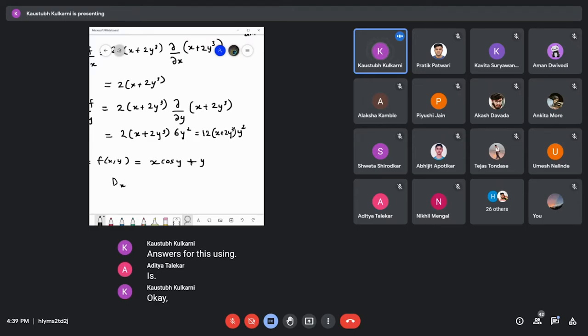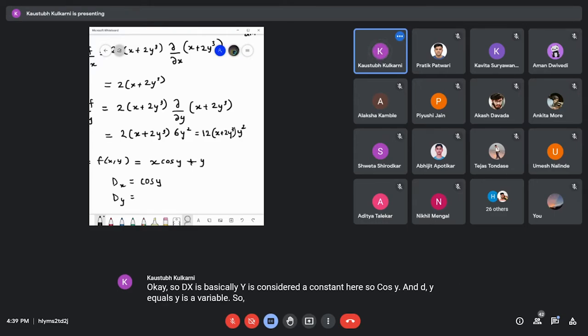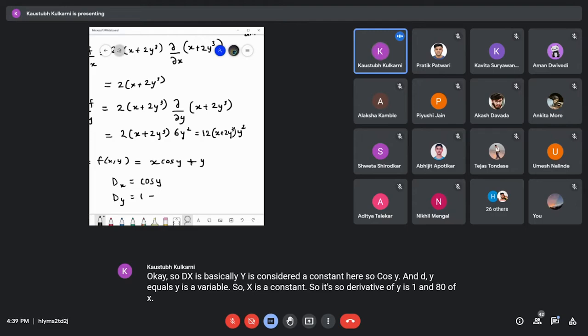So dx is basically, y is considered a constant here, so cos y. And dy, because y is a variable, so x is a constant. So the derivative of y is 1, and the derivative of x is a constant. This is the answer.